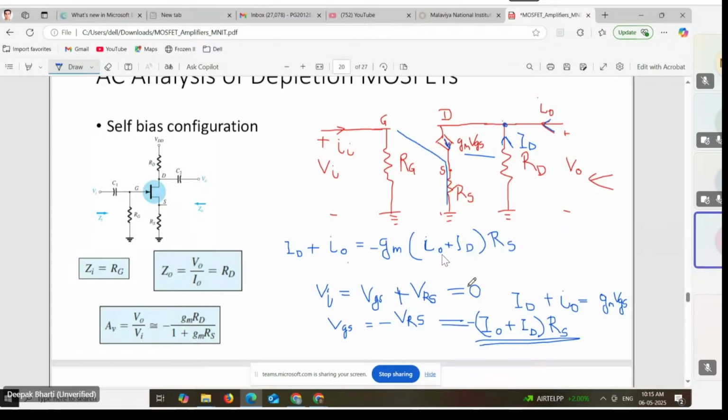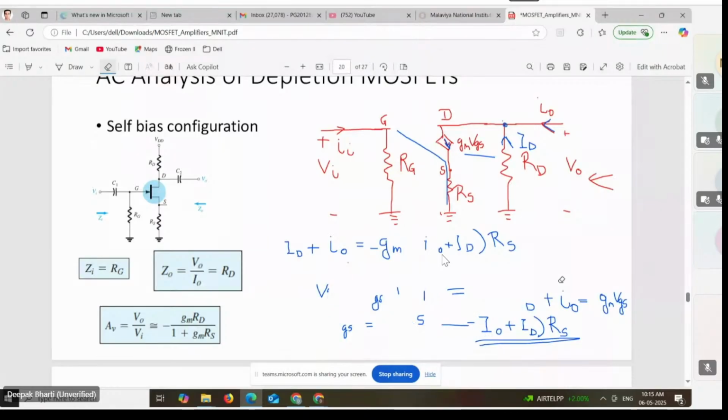So we have got this equation. Now we'll separate the ID and I naught terms on each side, ID terms on one side and I naught terms on the other. Let's see what we get.